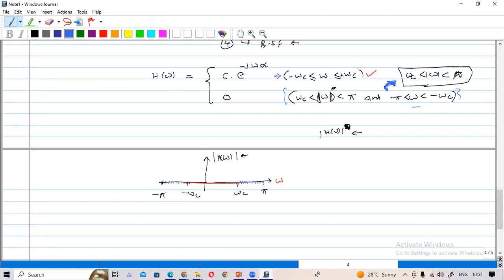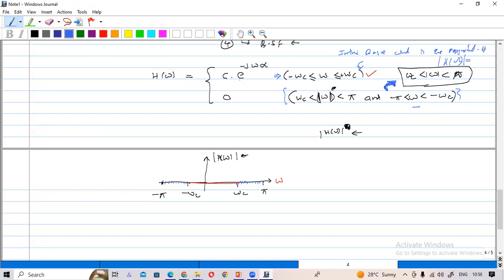In this range, what is the magnitude of h omega?